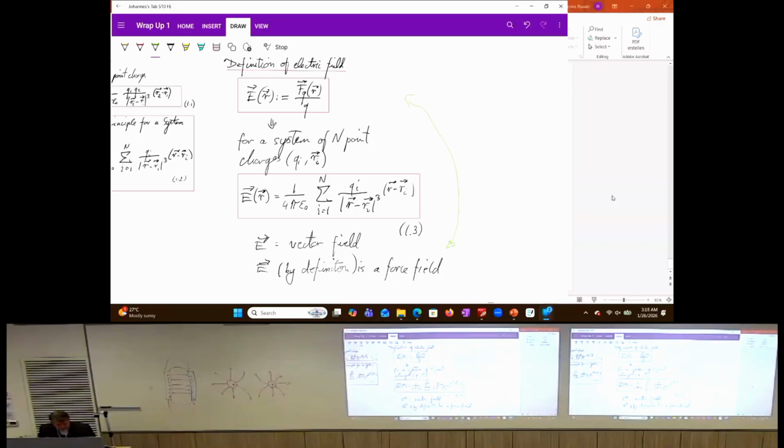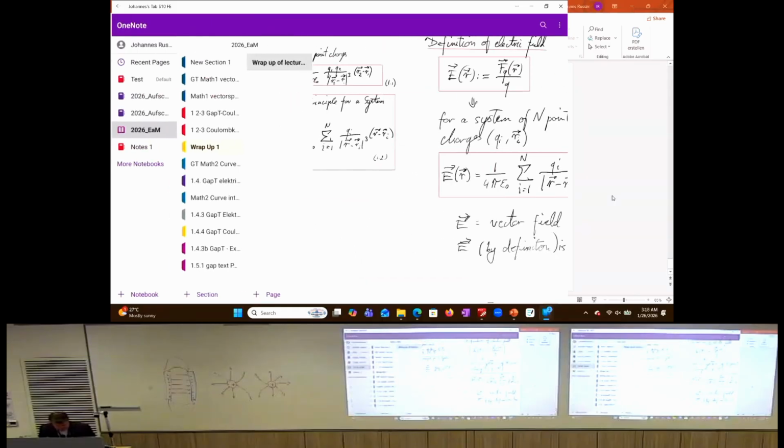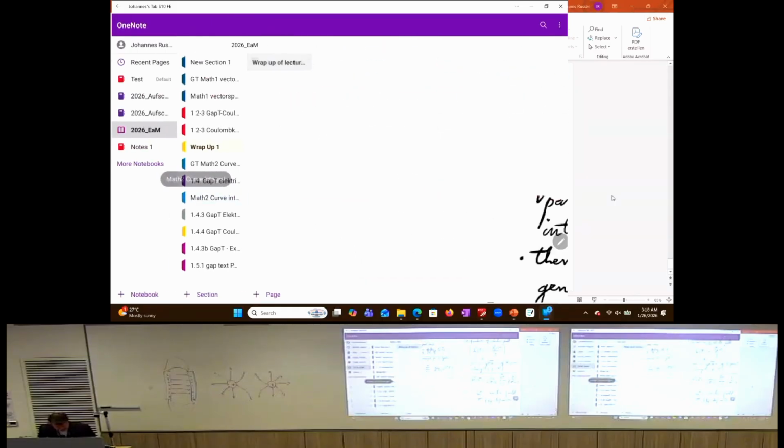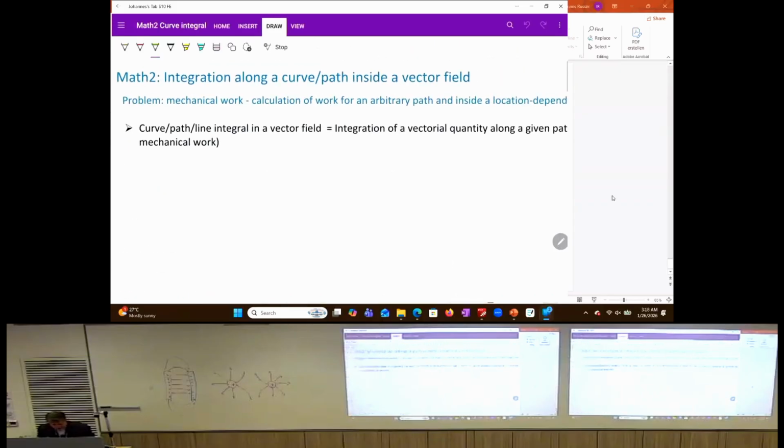When you shift it, you shift it along a certain line, a path, a curve, whatever you call it. And for this purpose, we will need to do some integration along curves, and that's why I would like to go here and look at that for a moment.